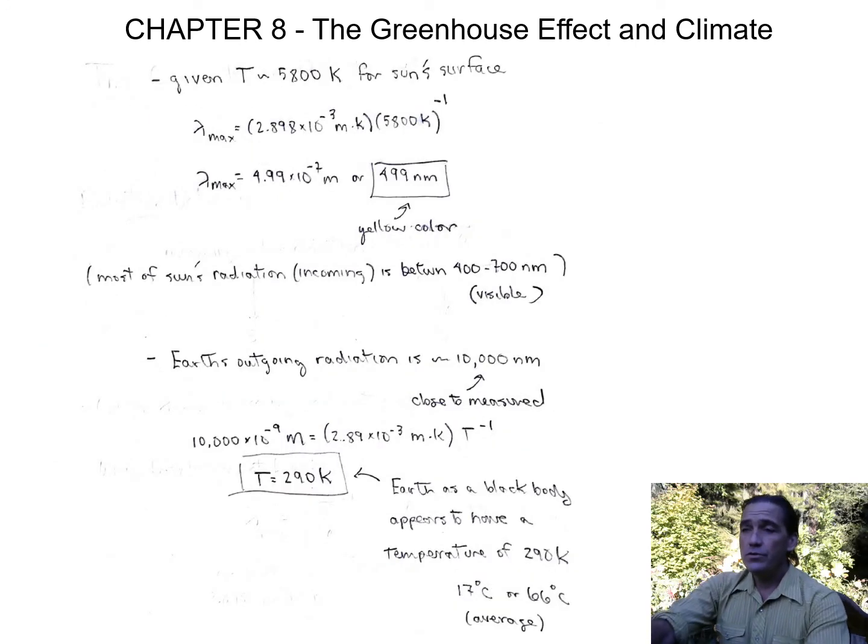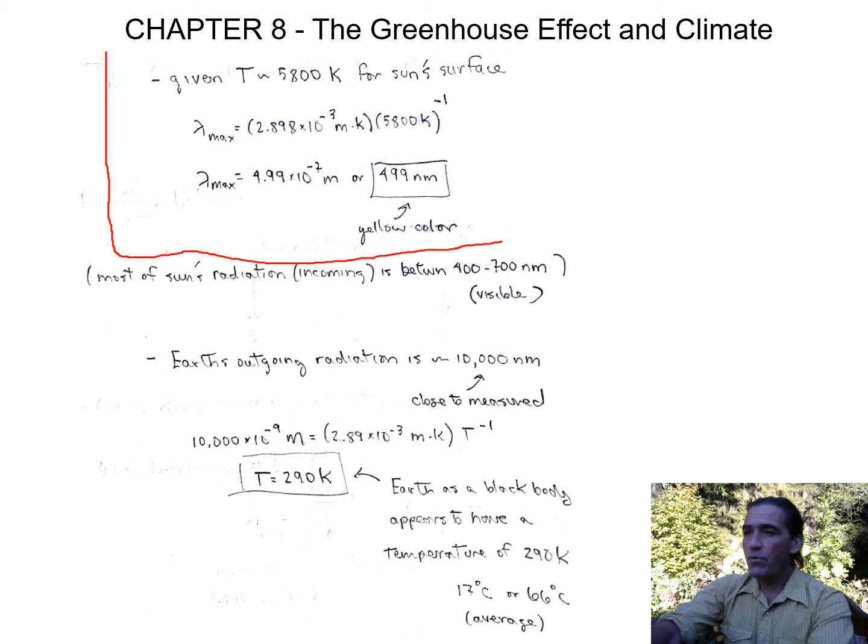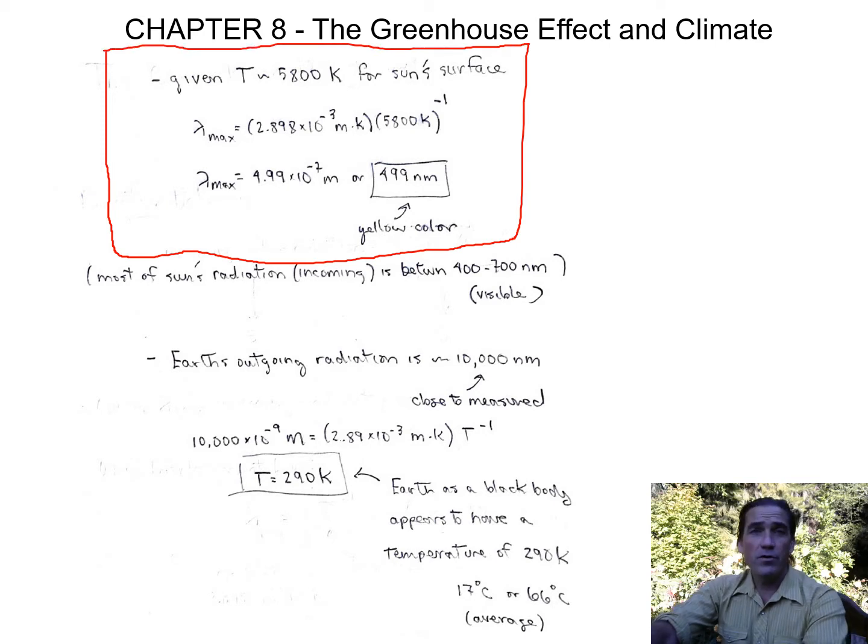So let's do two quick calculations using the Wien displacement law. The first, I want to check to see what the maximum wavelength is coming from the sun. So we know that the temperature of the sun is 5,800 Kelvin. And so when we put it into the relationship using the constant, we get a maximum wavelength of 4.99 times 10 to the negative 7 meters.